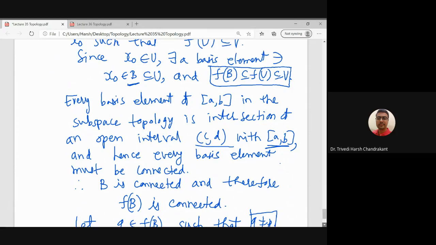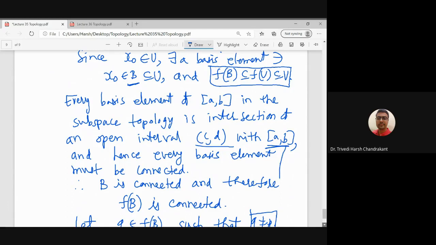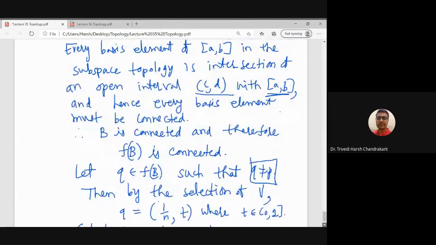And of course x naught is in that, so that is a non-empty interval. So finally we conclude that the basis element B of the closed interval AB is connected, and therefore f of B is connected because f is a continuous function.